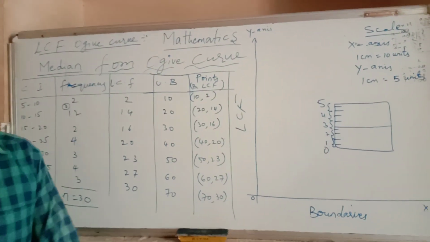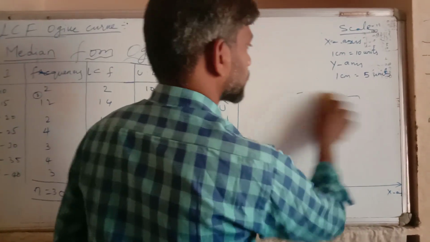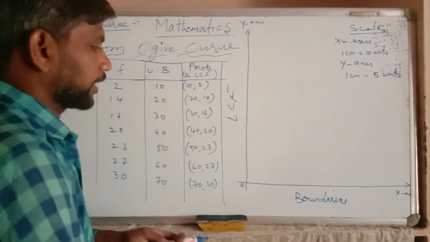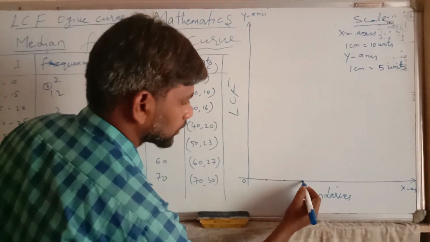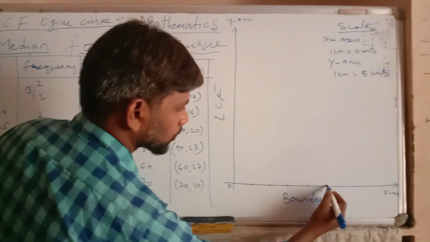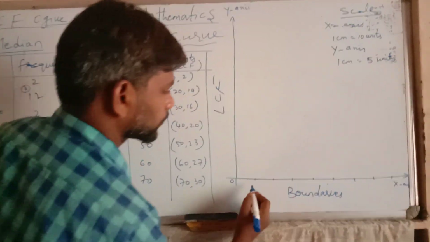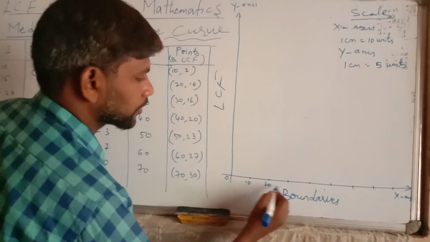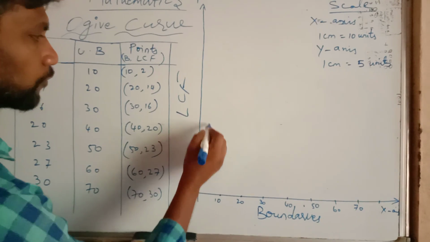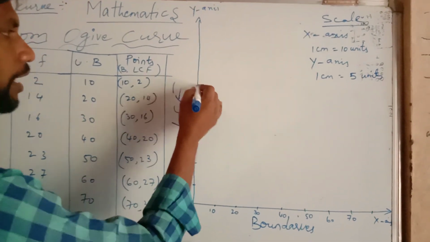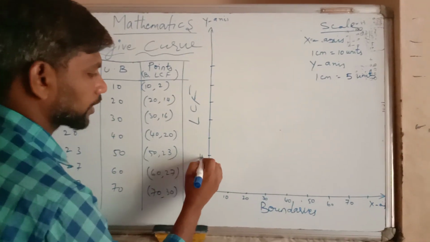Like that you consider 2 small lines as 1. After taking that you can represent the values: 10, 20, 30, 40, 50, 60, 70, 80 on the x-axis, and 5, 10, 15, 20, 25, 30, 35 on the y-axis.